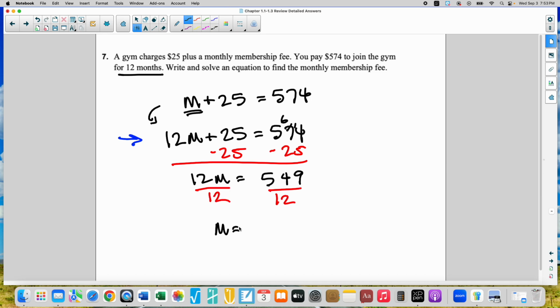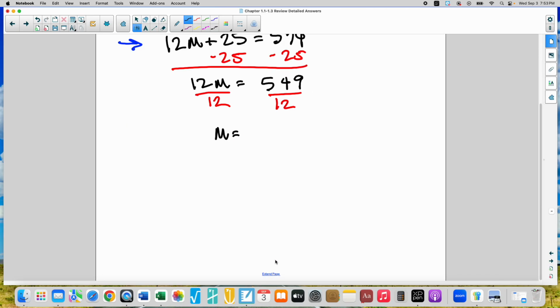M equals, so 12 goes into that. Let's do some math. 12 divided into 549. Well, 12 goes into 54 4 times. That's 48. Got to borrow. 8 goes into 14 6 times. 4 goes 0. Bring down the 9.